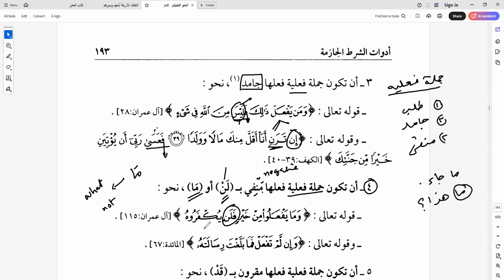It's never gonna be rejected or neglected or not paid for or not compensated for or not recompensed. So, فلن. وقوله تعالى: وإن لم تفعل فما.